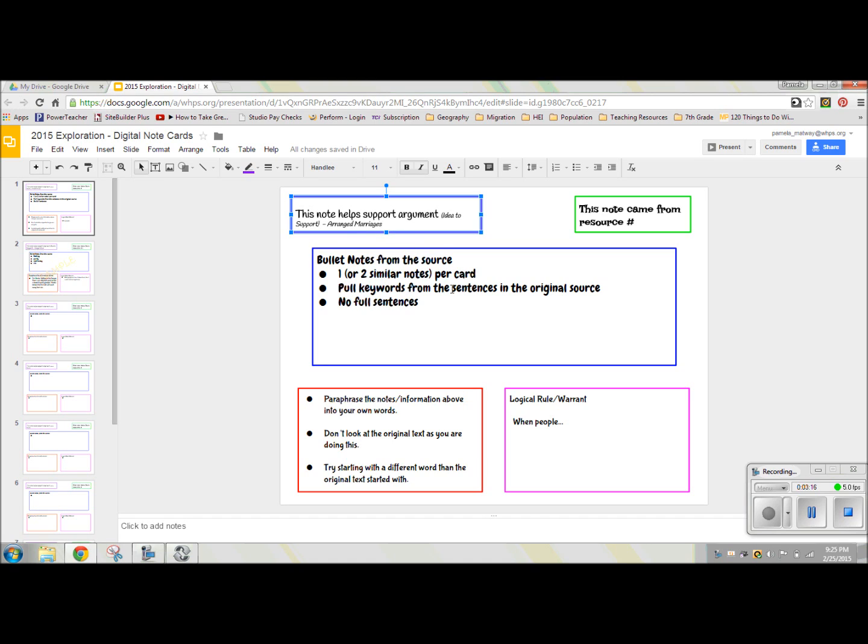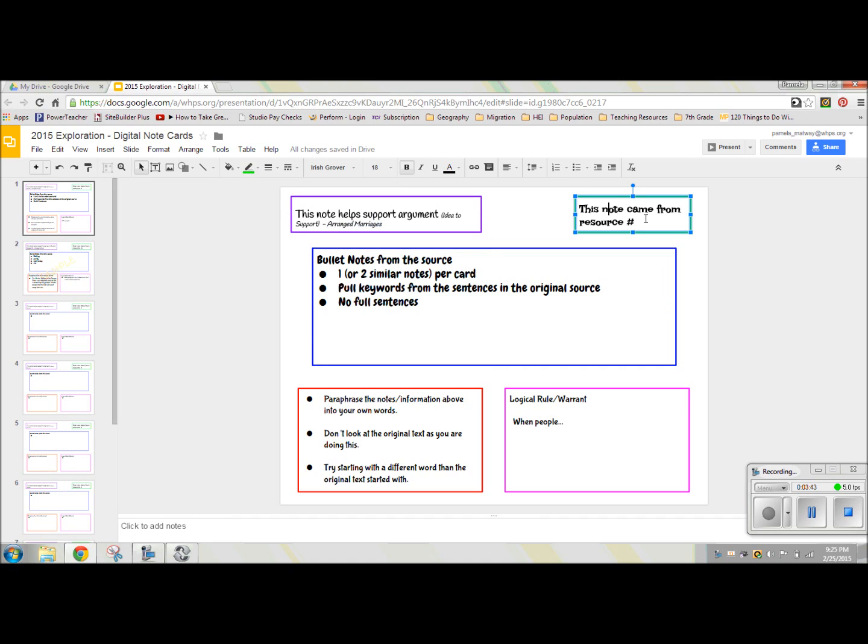So whatever argument your evidence supports, you're going to write a little bit about that argument right there. You're going to just write arranged marriages, or Ganges River, or dowries, whatever your arguments are about, the one that it best supports.